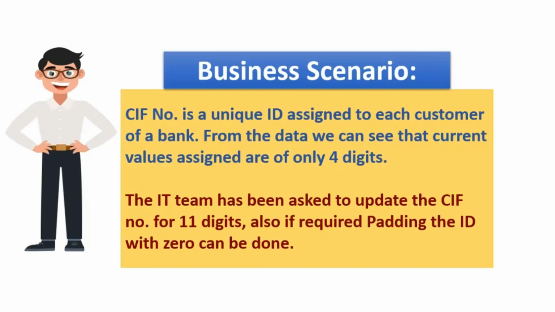In our case, the bank is already assigning the CIF number, but it is of 4 digits. To fulfill the requirement, we will be updating the CIF number by padding zeros such that the total length becomes 11. Let us move to our Excel workbook and understand this better with the help of data.